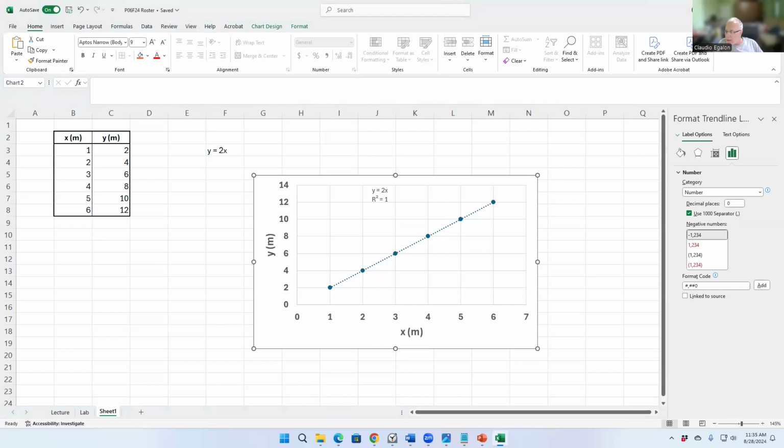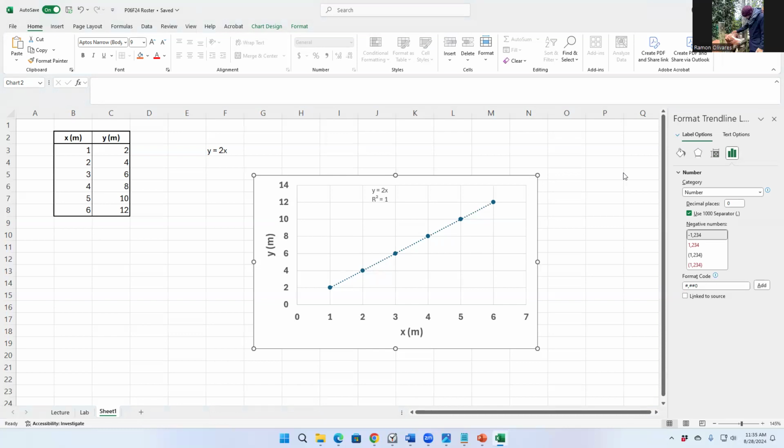Let's see, someone is not seeing a new window on the right of their Excel. Is that right, Sean? I also can't find how to make the trend line. Are you using a Mac or a PC?